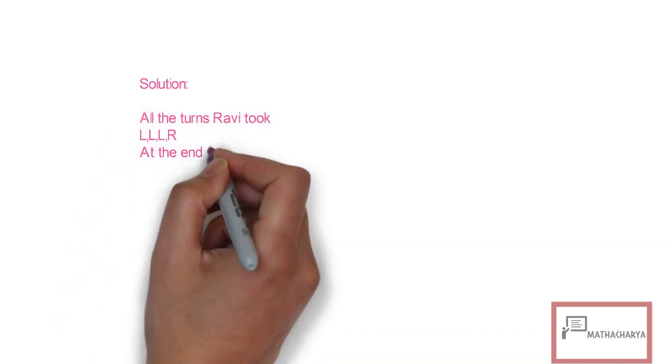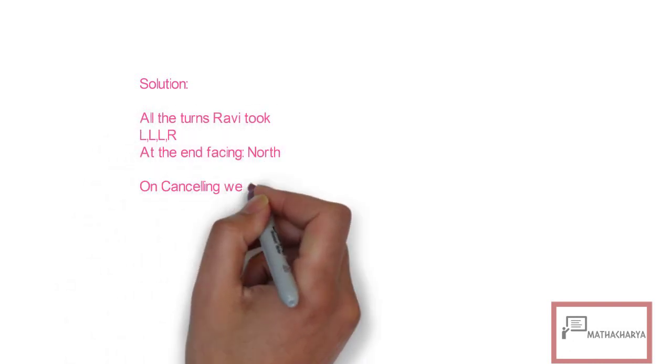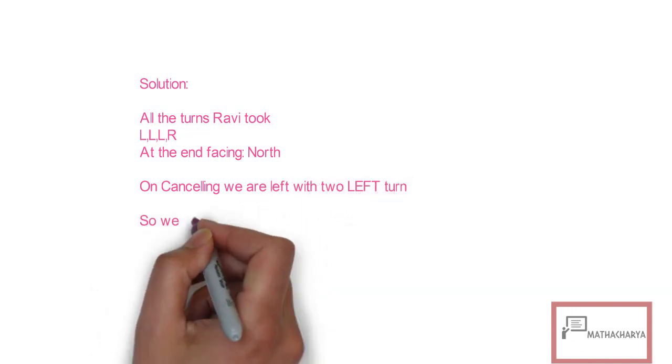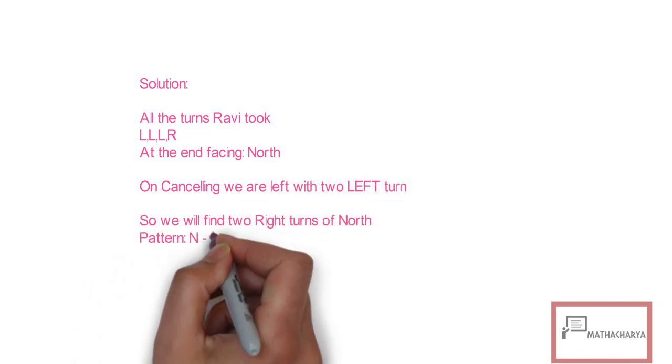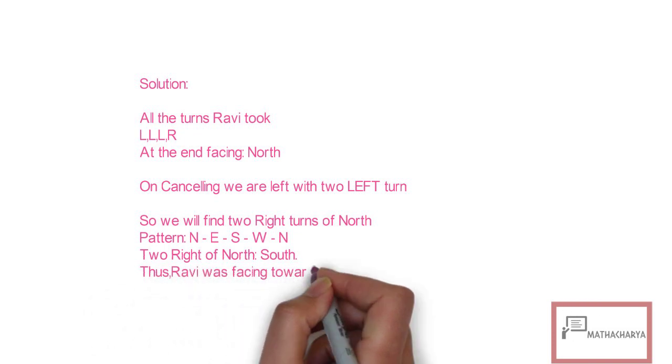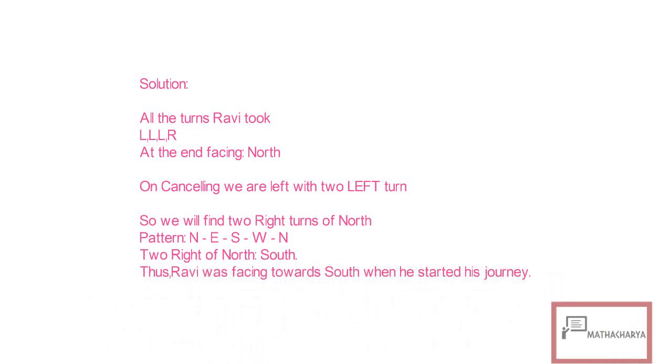Here, when we cancel a right and left turn, we will be left with 2 left turns. This means that taking 2 left turns led him to north. And so we will find 2 right turns of north. According to our pattern, we see that 2 right of north is south. Thus, Ravi was facing towards south when he started his journey.